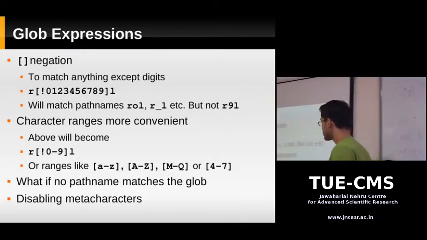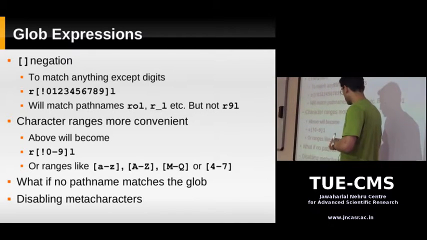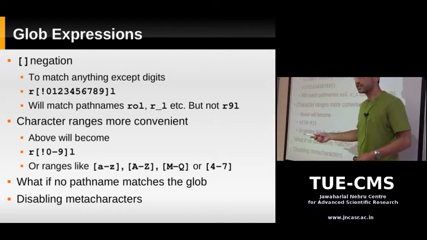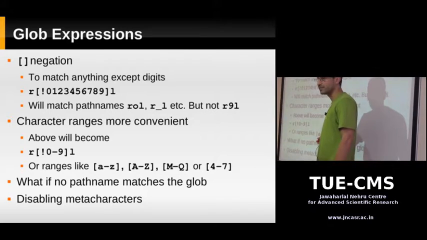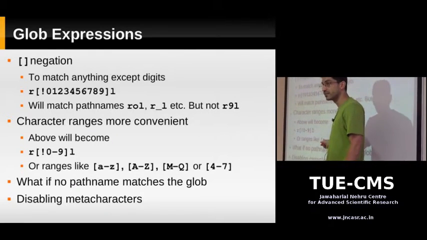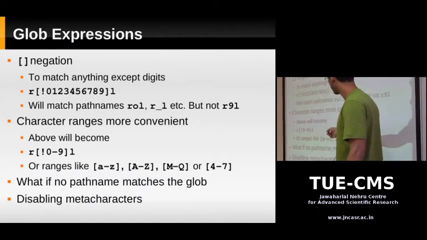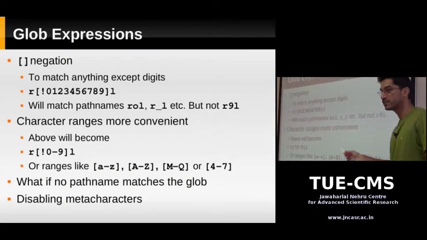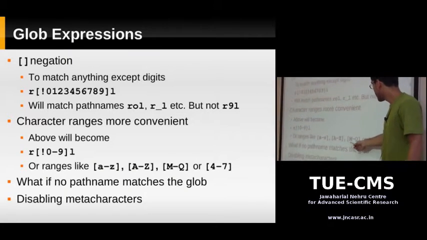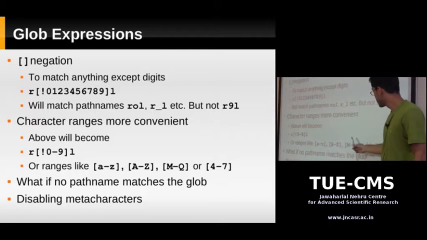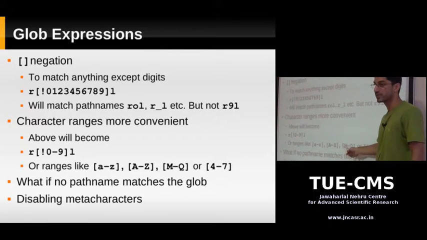Now you can do this for alphabets also. Like you asked, if you use a to z, small, these are lowercase. This fills in all the alphabets from lowercase a to lowercase z. Now suppose you wanted M, N, O, and Q, you would use something like this, but all capitals.